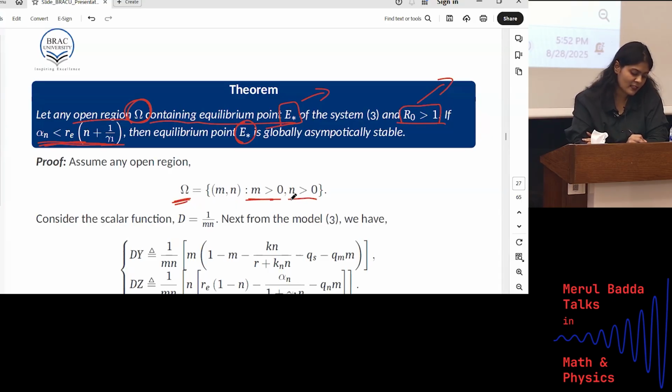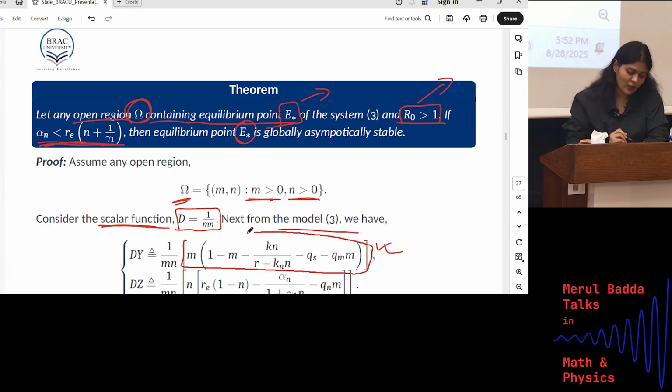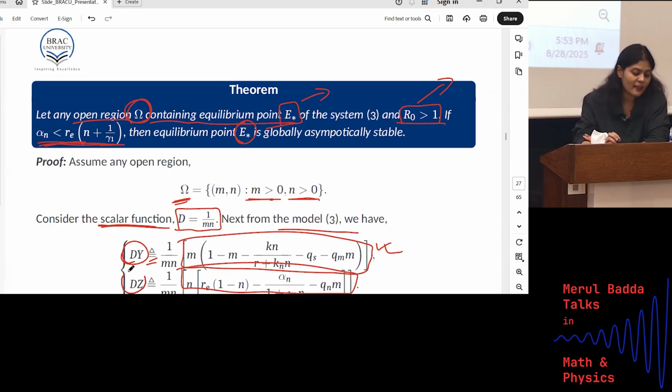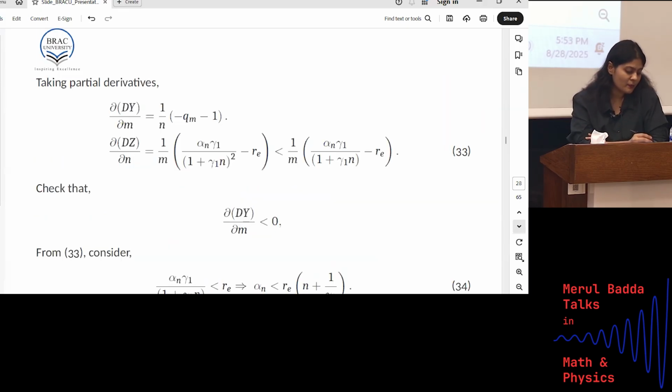We consider a scalar function, this is our scalar function, and multiply it with our main model. These are the two ordinary equations in our model, multiplied with this scalar function and defined as dy and dz. Then we take the partial derivative of dy with respect to m and the partial derivative of dz with respect to n.